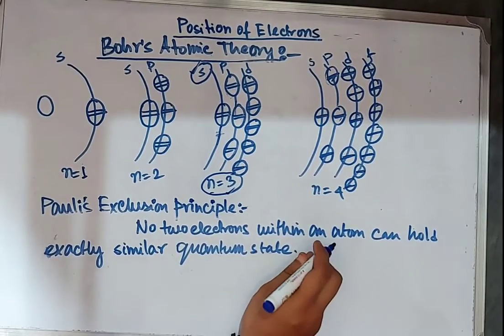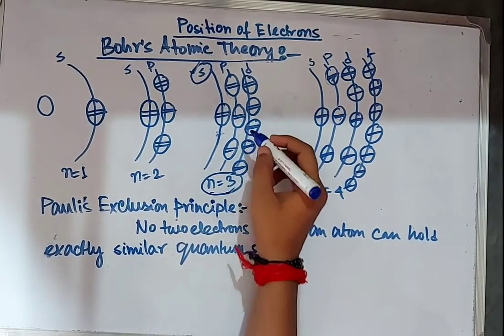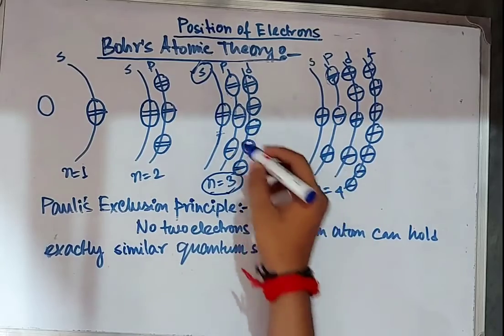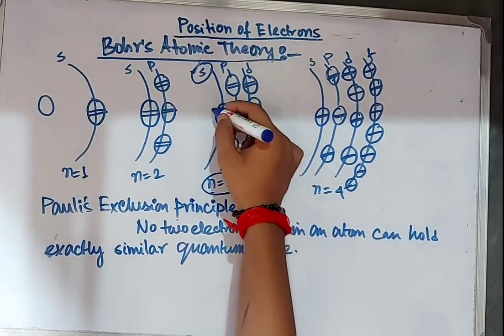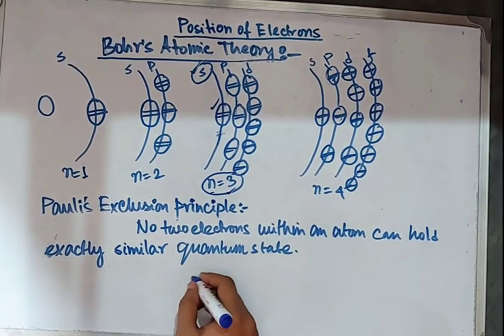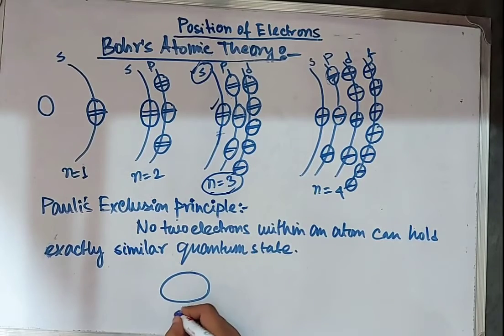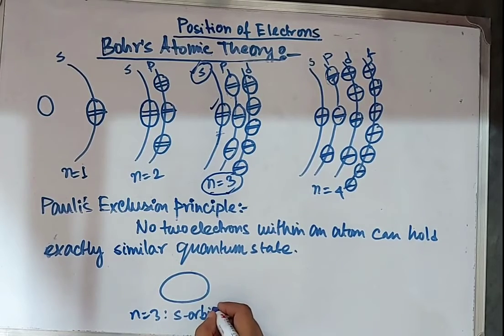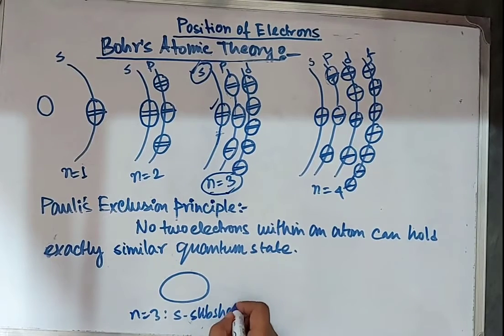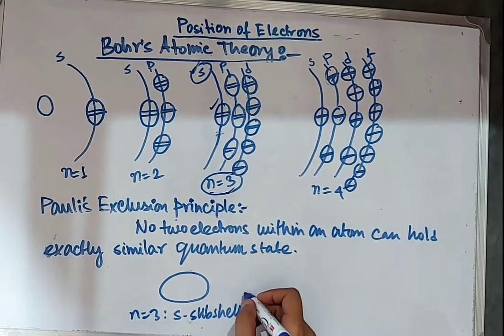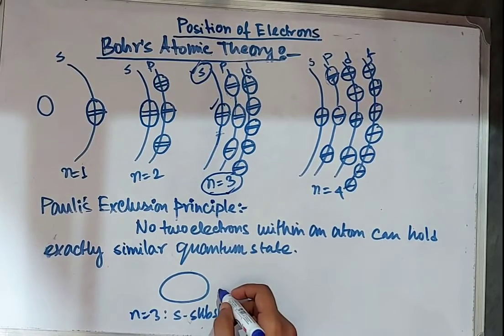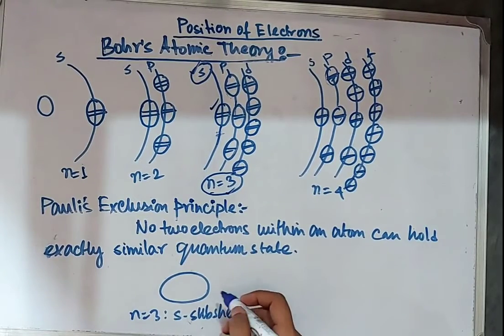What does it mean? Suppose I am talking about this s orbital for n equal to 3. I am considering this s subshell and the orbital present in this s subshell.